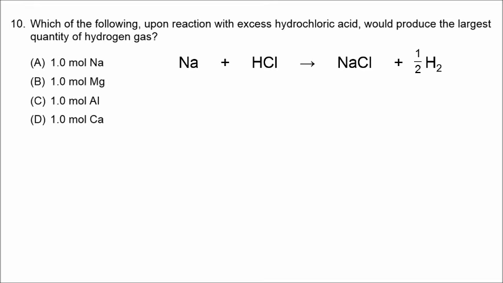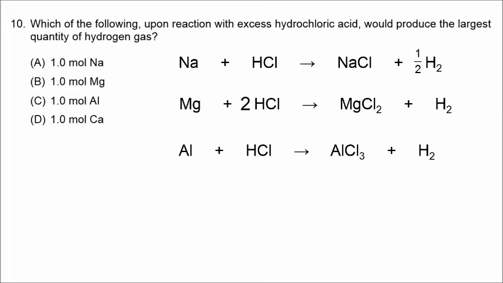Next one's going to make magnesium chloride. And to balance that equation, I would need to put a 2 in front of the HCl. For aluminum chloride, that would be AlCl3. I would need to put a 3 in front of the HCl, and then to get 3 hydrogens on the right, I'm going to use a fractional coefficient just to keep 1 mole of aluminum present.